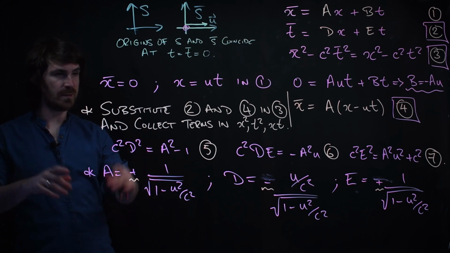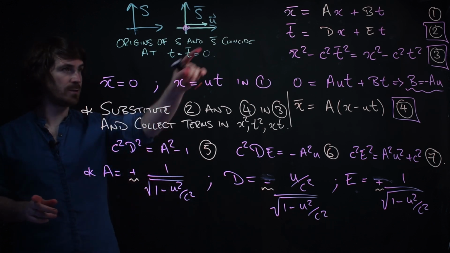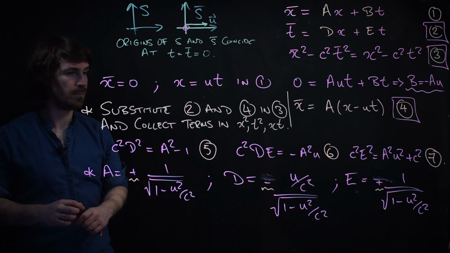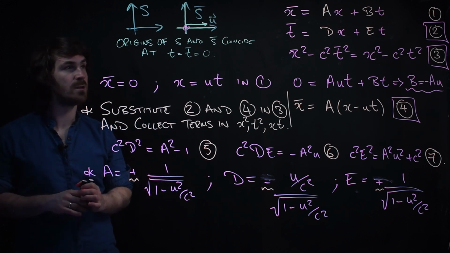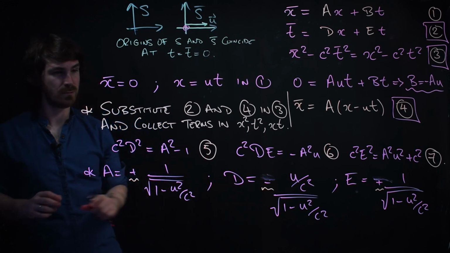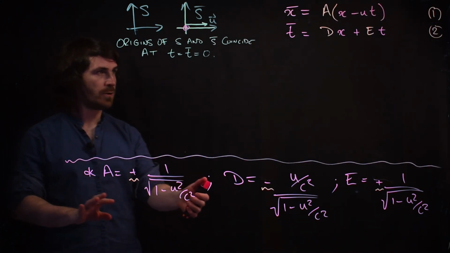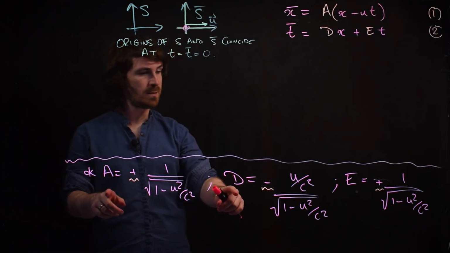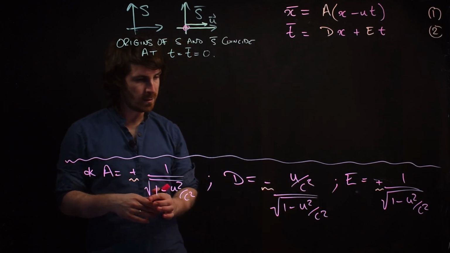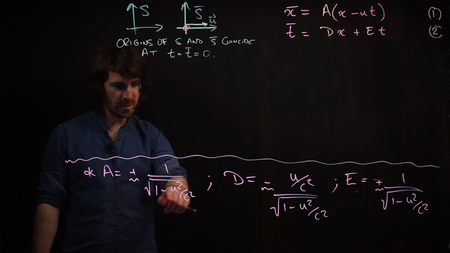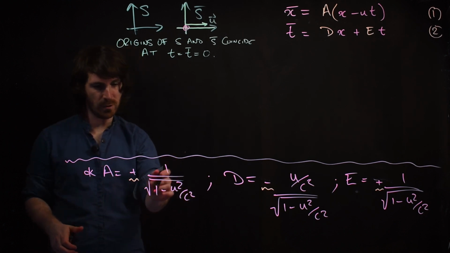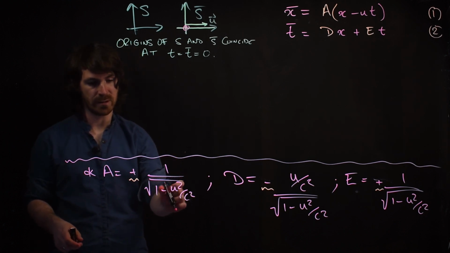So let me now just clean this up. I'll rub this out and write down what we found in a summarized form. And we'll see the profound implications of such a transformation. Okay, so we found our three constants, a, d, and e. And we see that they all have the same denominator, this 1 over 1 minus u squared over c squared.